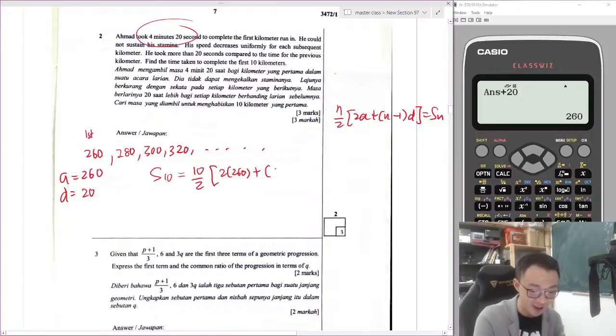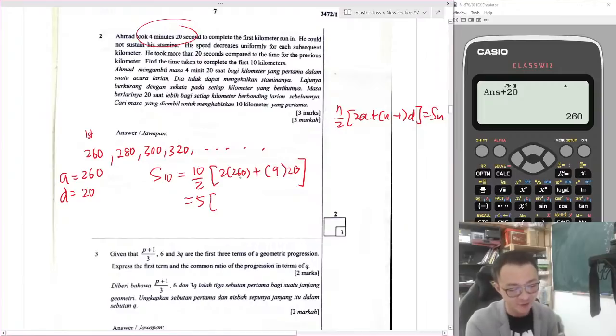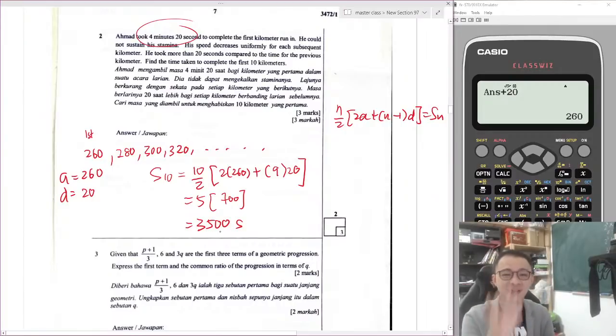My n is 10, 10 minus 1 will be 9, and d is 20. So this is 5 times, inside will be 520 plus 180, which is 700. So the total is 3500 seconds. Depending on whether you want to change back to minutes or not, if not, you can just leave your answer in seconds.